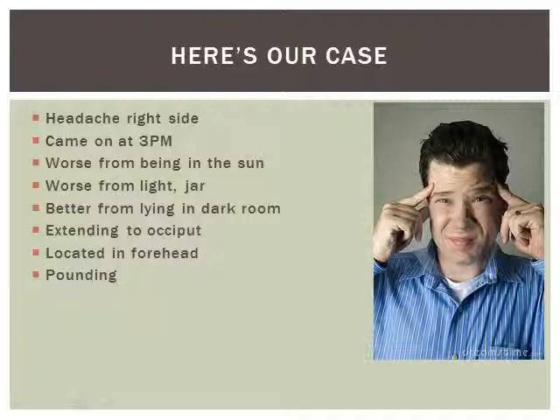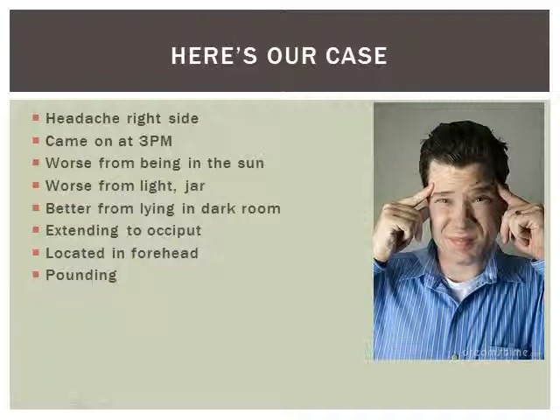and it's located in the forehead, extending to the occiput, and the sensation is pounding. It's a pounding headache on the right side from being out in the sun. So this is an example of a case where you've got all the factors that we talked about.